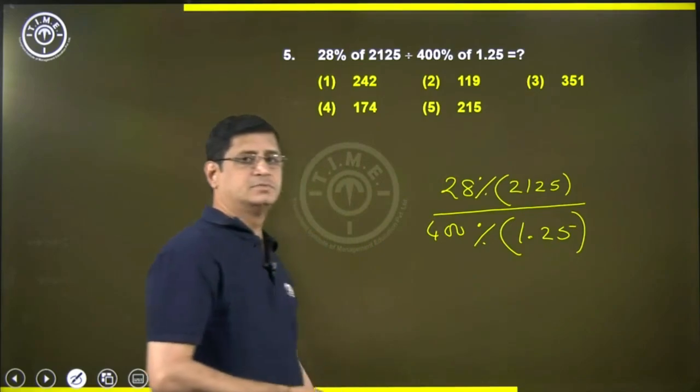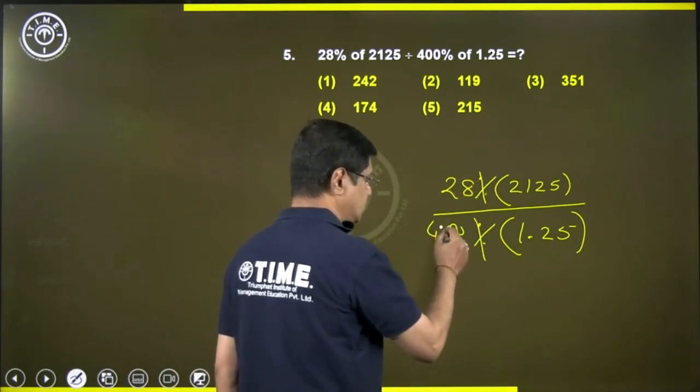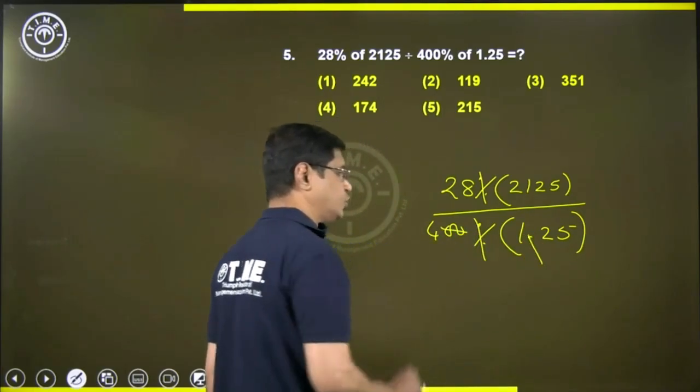Now simplify this. Percentage we can cancel. Now remove the decimal and cancel the zeros.